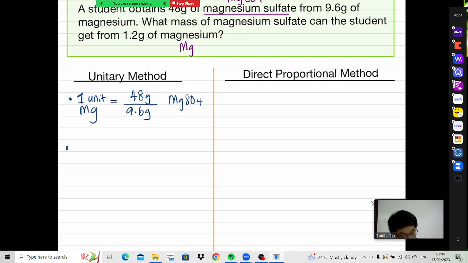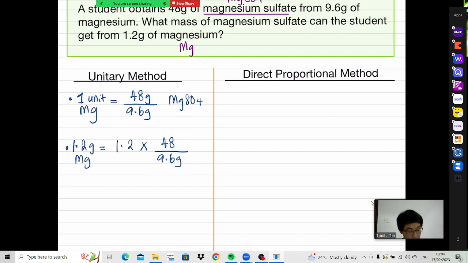Therefore, now you are going to use 1.2 grams of magnesium. How much would you produce? Just put 1.2 here and multiply by the ratio that you have from that 1 unit.